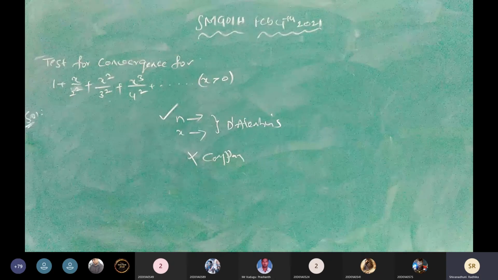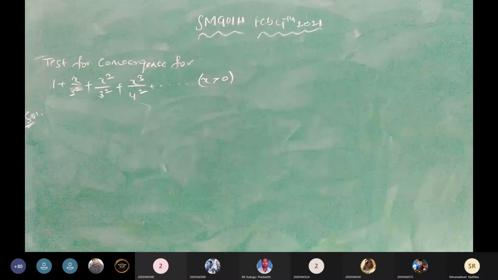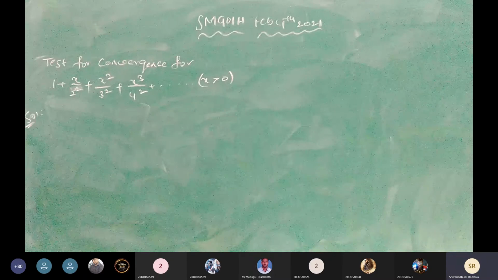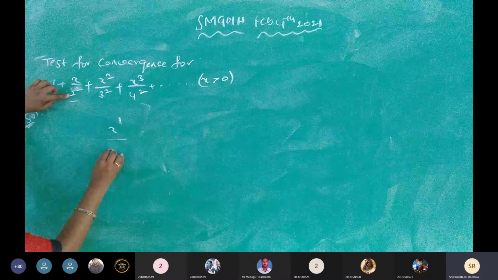Now, this is the first term, second term, third term, fourth term. What is the nth term? Tell me. I am going to select the second part here: x to the power of 1 by 1 plus 1 whole squared.